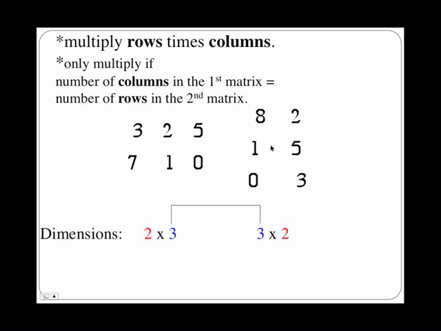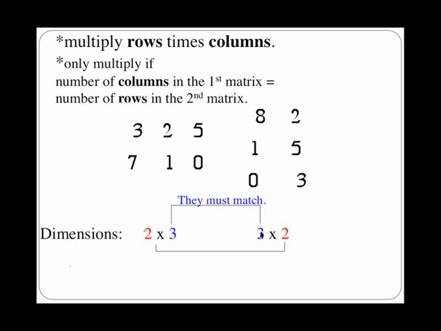You'll notice down here, the number of columns of the first matrix is the second number in its dimensions. It's a 2 by 3. And the number of rows is the first number of the second matrix. As long as these two match up, then we can multiply them, because the number of columns of the first has to equal the number of rows of the second.